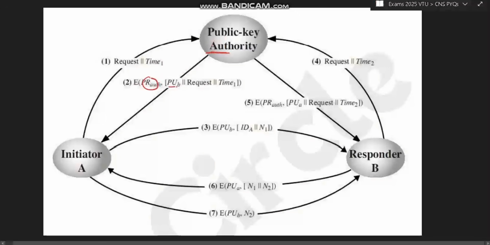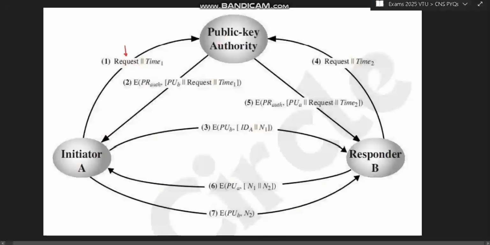And what are the messages we have? This is the answer which A had requested, the public key of B, and the request and time are also sent to A. Why? Because it is to ensure that the same request which came is what has been answered. Otherwise there is a possibility that the request could have been altered.